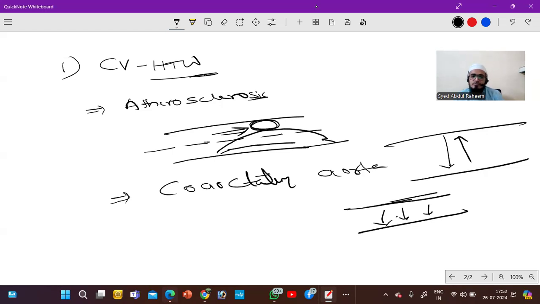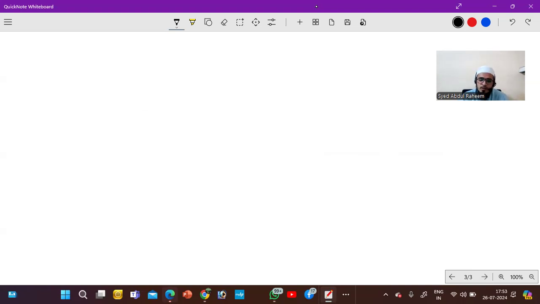So here in secondary hypertension, the first cause may be hypertension due to cardiovascular disease, any clot, fat deposition or narrowing of the aorta.